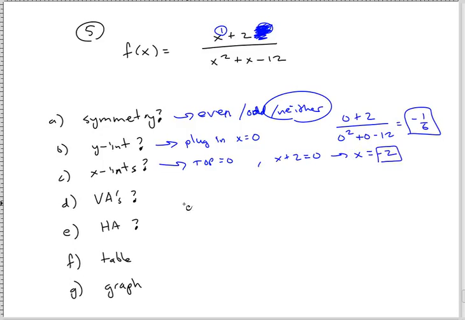It's fine enough. Okay, vertical asymptote is when the bottom is equal to 0. And most of the time here, they don't cancel. I don't think that this one cancels if I had to factor it. Let's go and find out. So I need to factor the bottom. And I'm thinking, what two numbers multiply to a 12 but add up to a 1 would be a 4 and a 3.